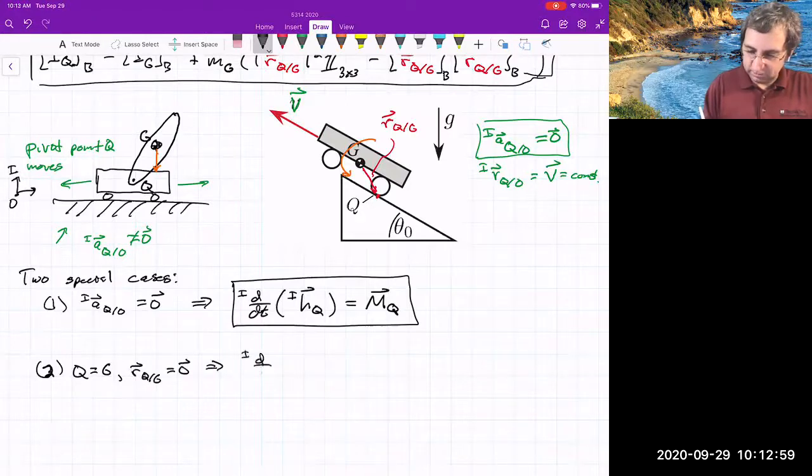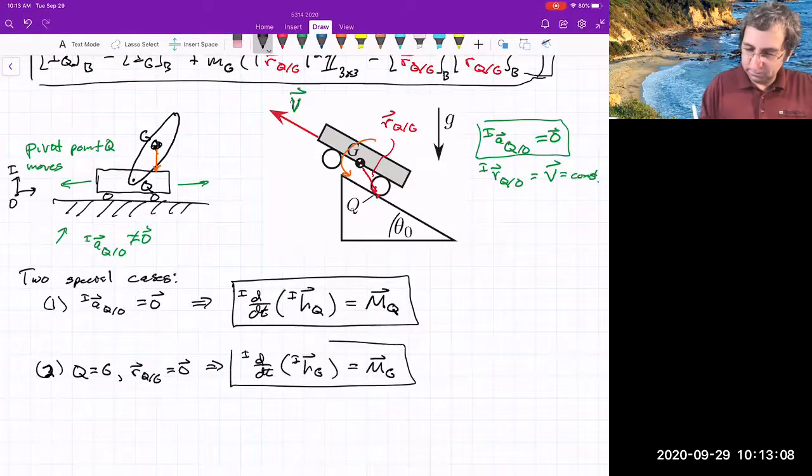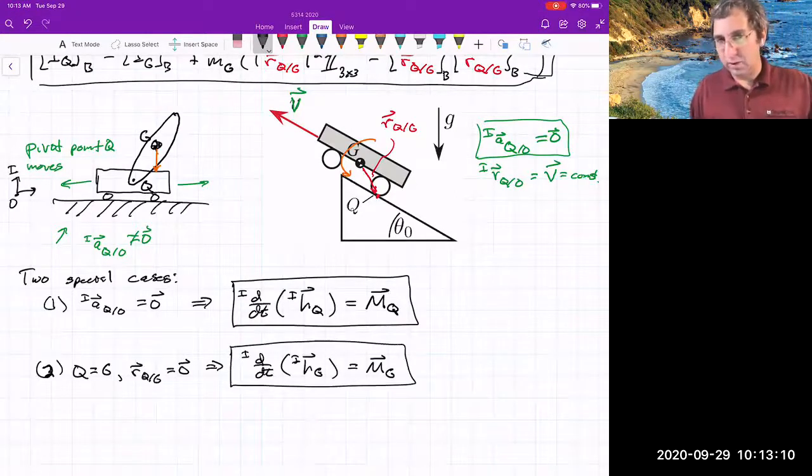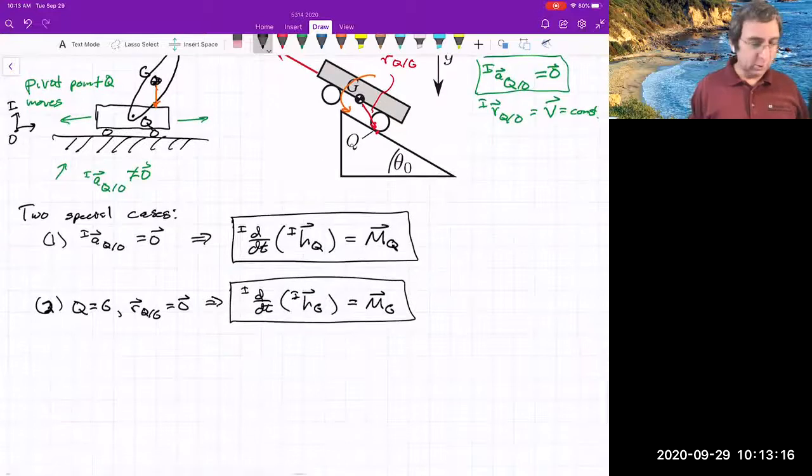So that second term also goes away, and we're just back to what we already knew. This is basically using the center of mass as the reference point. Okay. So we get that.